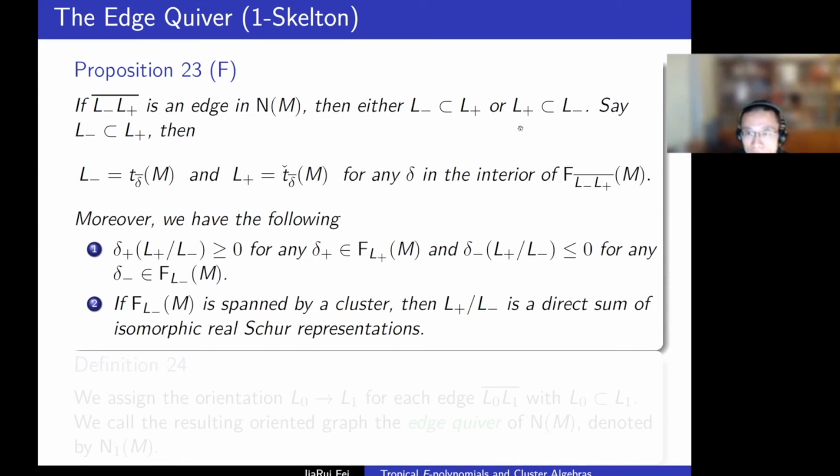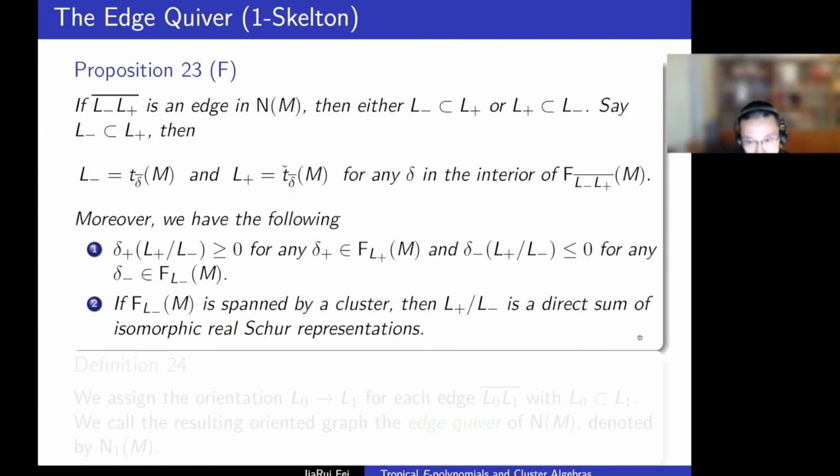Now assume that L plus contains L minus, then we take the quotient. It turns out that this quotient is a direct sum of isomorphic real Schur representations. A real Schur representation is a special class of representation.